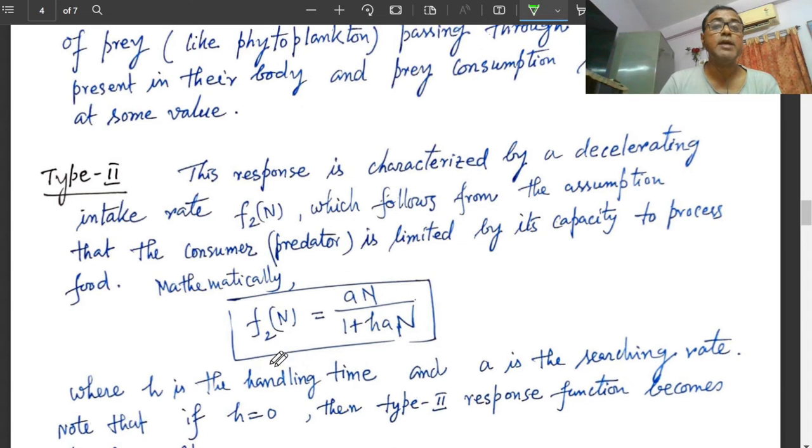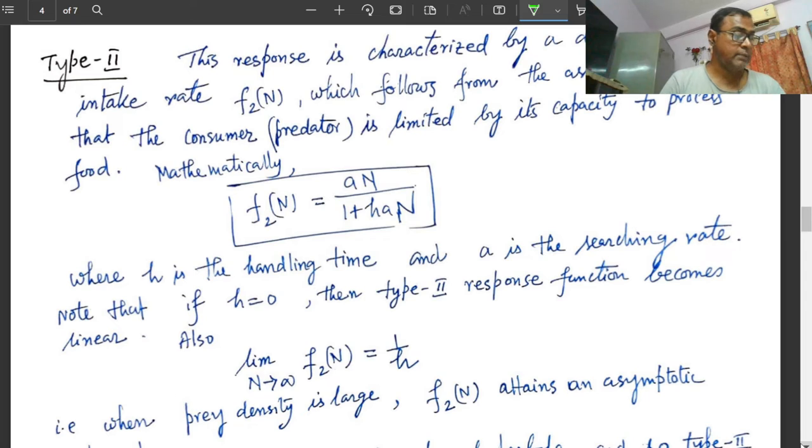Mathematically, we can represent f2(n) = an/(1 + ha·n), where h is the handling time and a is the searching rate.